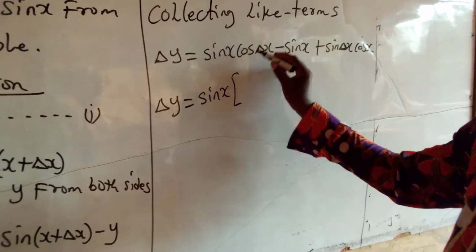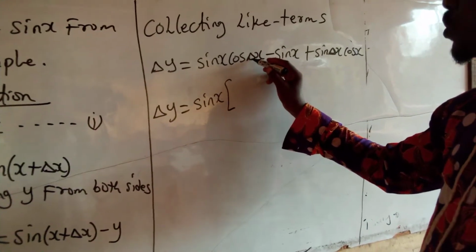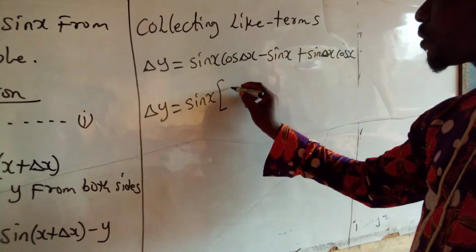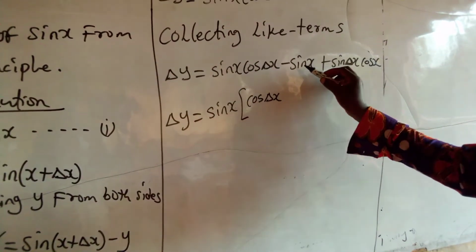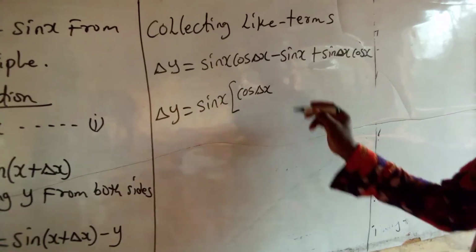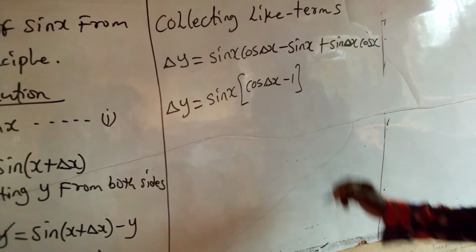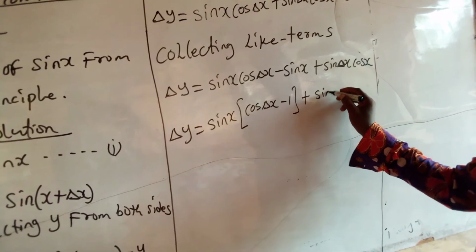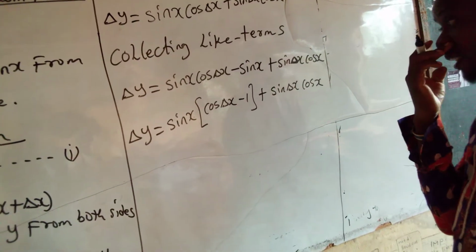The whole of this divided by this sine s will cancel this sine s, giving us cos of change in s. Then minus sine s divided by sine s, you have minus 1. Then plus sine of change in s cos s.